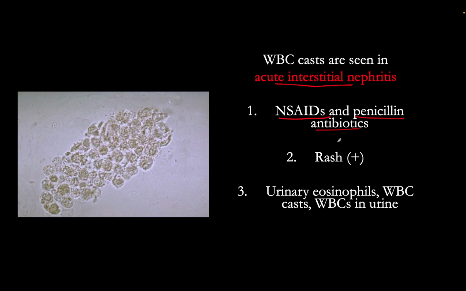They'll try to make you think about glomerulonephritis. But if they give you this buzzword right here, eosinophils, and a rash, you need to be thinking about acute interstitial nephritis. However, this can also just be seen in UTIs that have ascended.